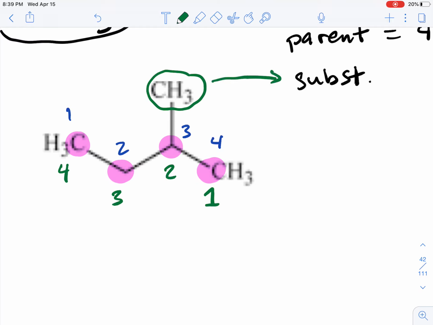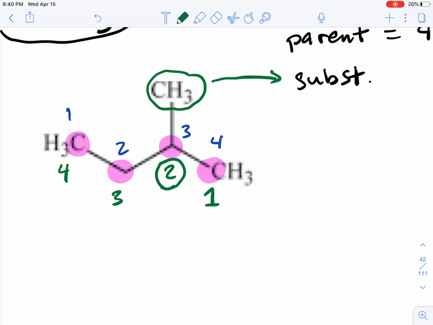And if you look at the numbering system, it looks like the number in green, number 2, is less than 3. And so our goal is to make sure the carbon number where our substituent is found is the lowest number amongst all types of numbering systems within that compound.